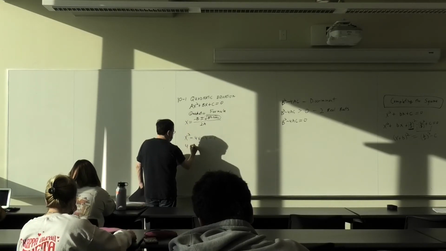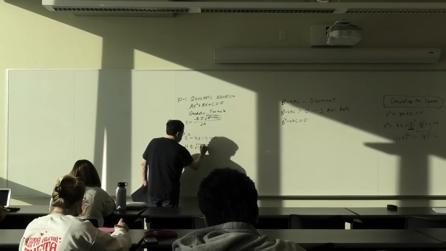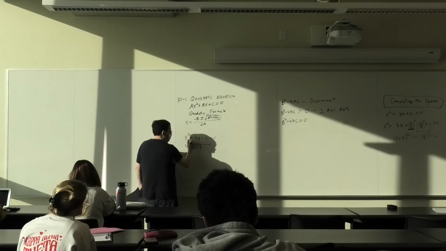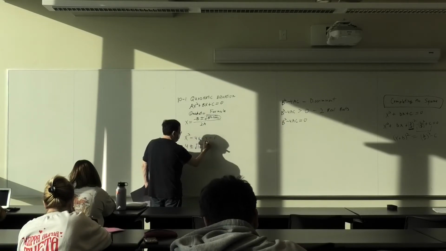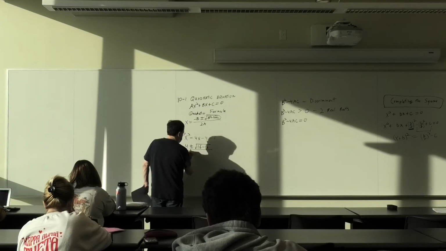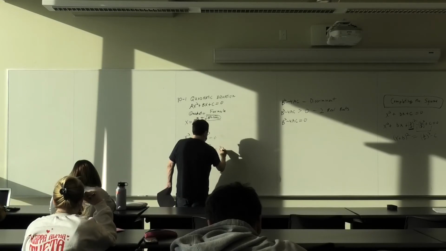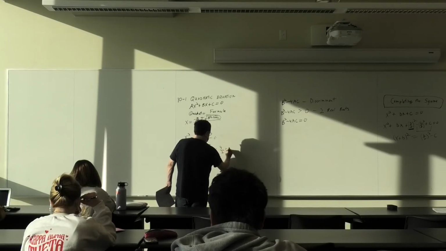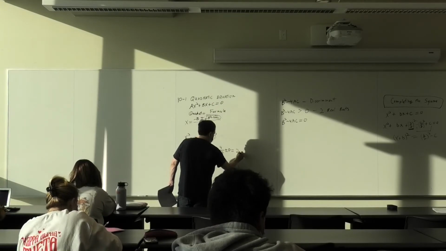Again, 4 plus or minus the square root of negative 4 squared, 16, minus 4 times a times c, that's 16, all over 2, that's 4 over 2 plus or minus 0, this is 2.